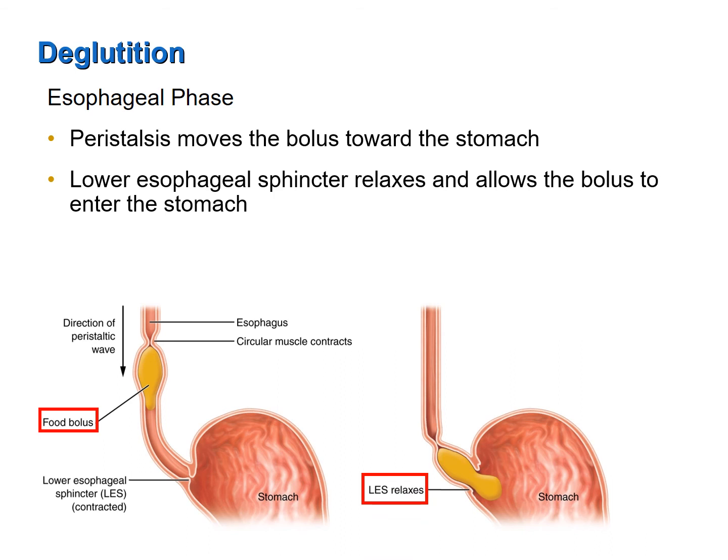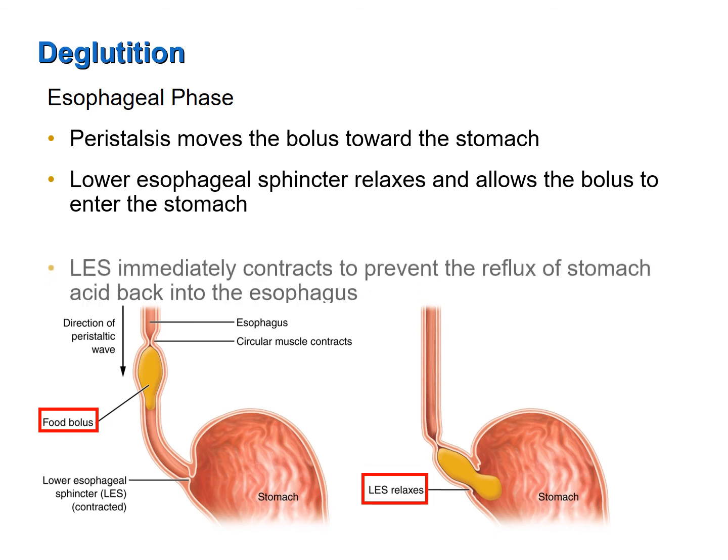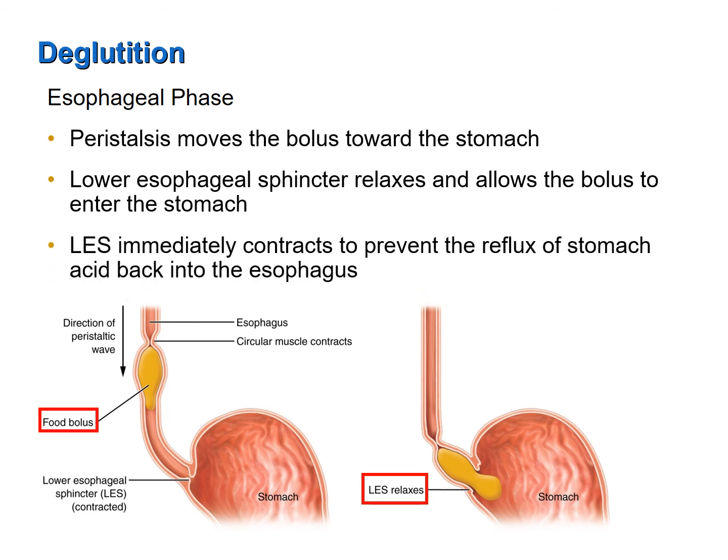The lower esophageal sphincter, which is normally contracted, relaxes and allows the bolus to enter the stomach. Immediately after entering the stomach, the lower esophageal sphincter contracts once again to prevent the reflux or movement of acid from the stomach back into the esophagus.